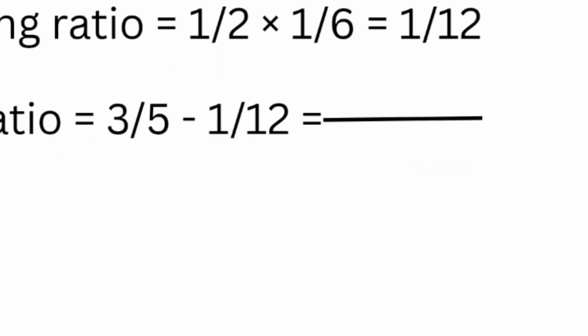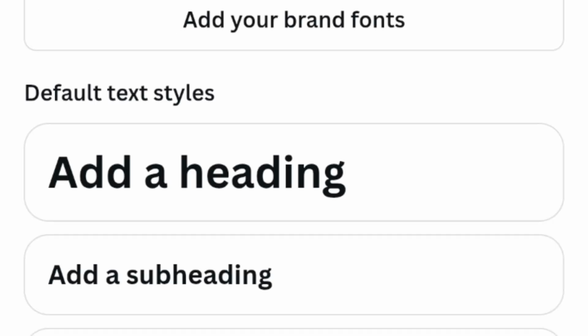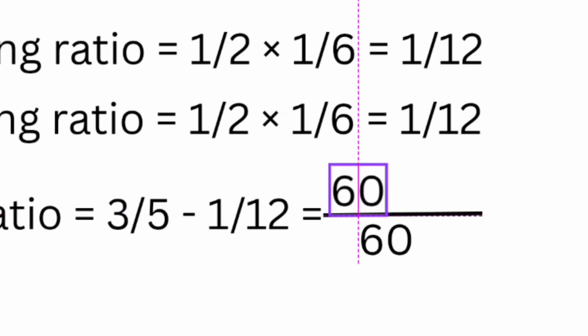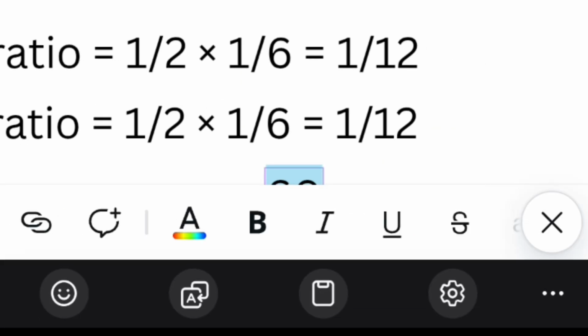The LCM of 5 and 12 will be 60. Since we cannot cancel this number, we have to multiply it. So 5 into 12 will be 60, and 3 into 12 will be 36. I hope you understand.